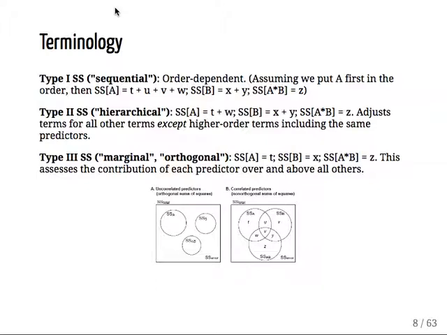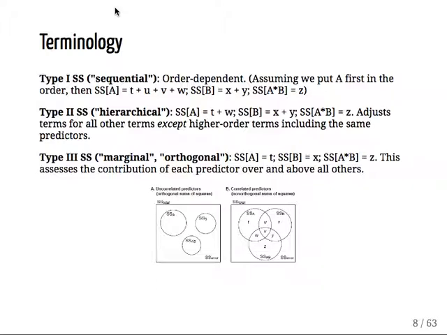So first we care about this most, and then we see what happens if we put in this, and then we see what happens if we put that tiny chunk of Z in. Then there's hierarchical. So this is putting in T plus W, and then X plus Y.